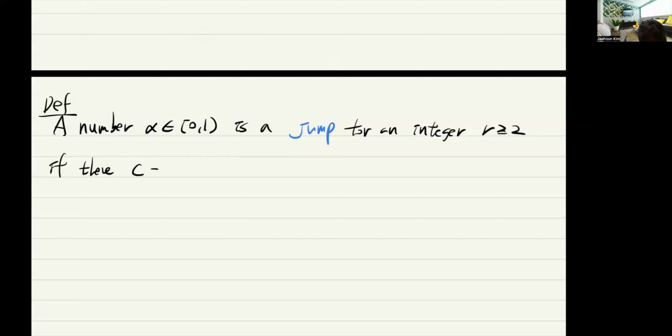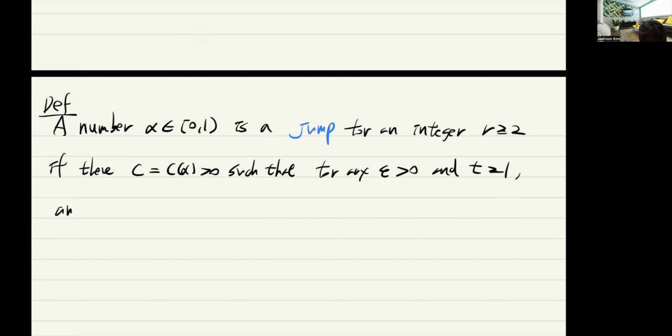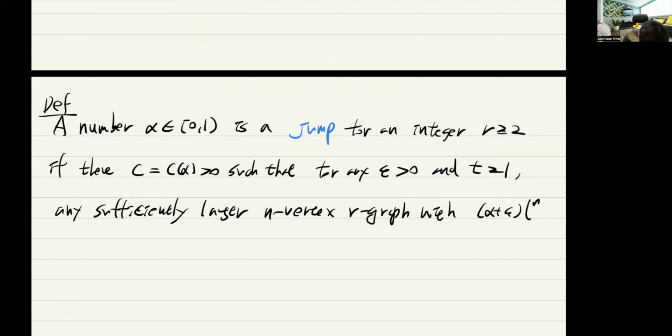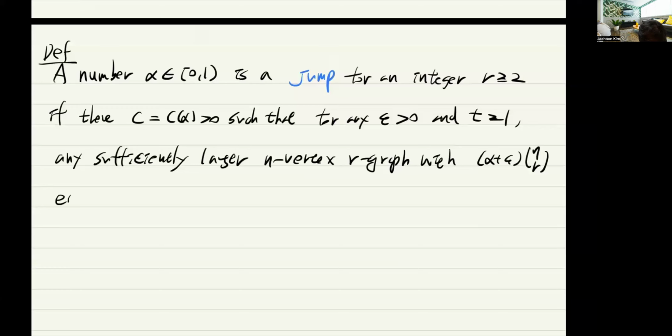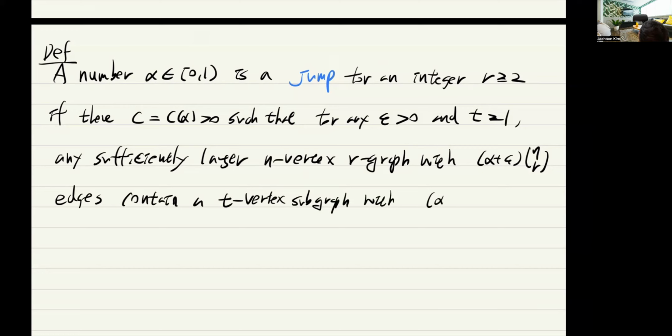So alpha is a jump if there exists some c such that for any epsilon and t, any sufficiently large n-vertex r-graph with alpha plus epsilon times n choose r edges contains some t-vertex subgraph with at least alpha plus c times t choose r edges.